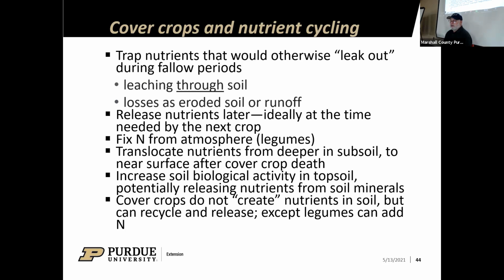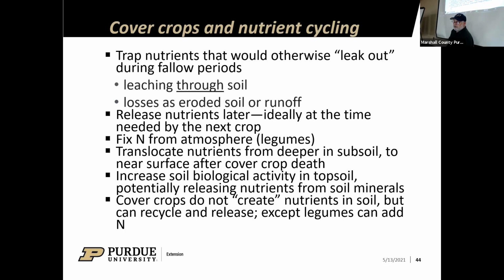But it'll do it based upon what the carbon to nitrogen ratio is present in that cover crop. So if it's higher in nitrogen in the cover crop tissue, they'll tend to break down quicker than things like cereal rye, which tend to be high in carbon.